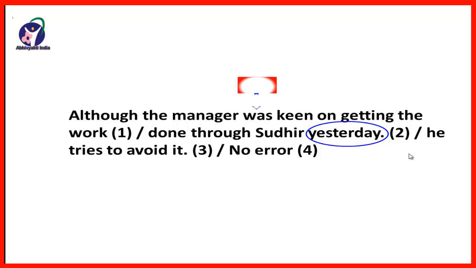Was also indicates that we are talking about past tense. He tries means Sudhir tries to avoid it, but we are talking in past tense, so tries should be replaced by tried.